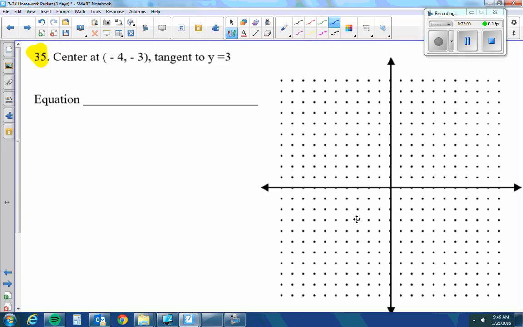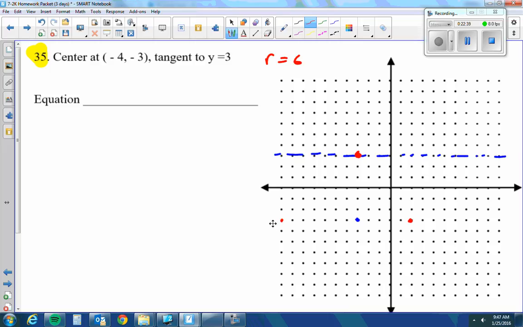So plot the center, so negative 4, negative 3. Draw the tangent line at y equals 3, it's the horizontal line. And to be tangent to that line means the circle just touches right there, and then just goes around. That's 6 away, by the way, so you know right now the radius is 6. So then go 6 every direction from the center.